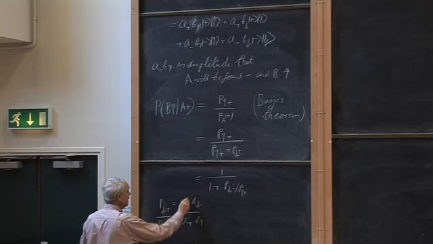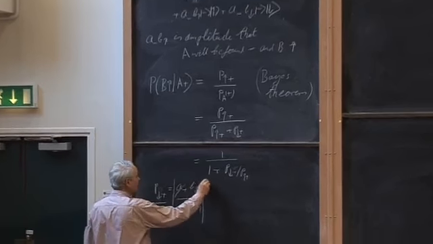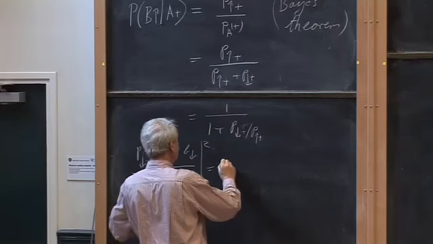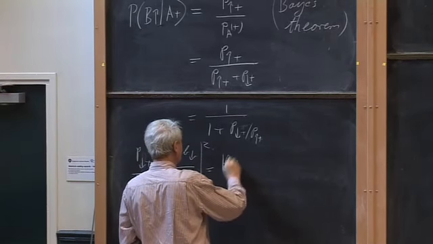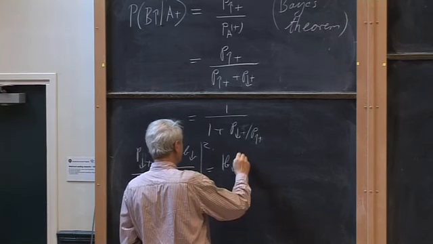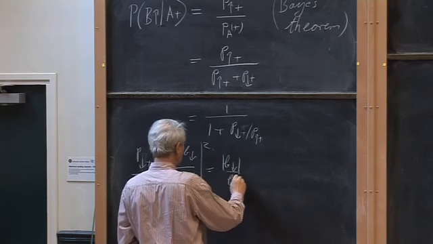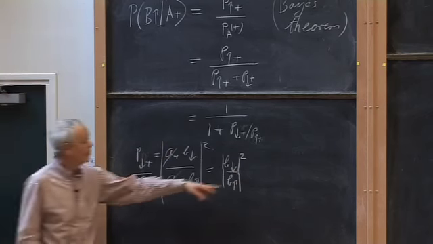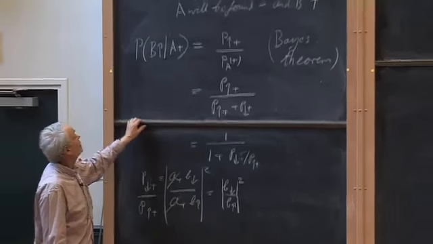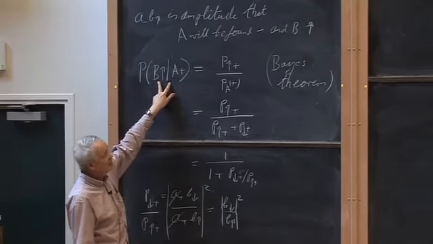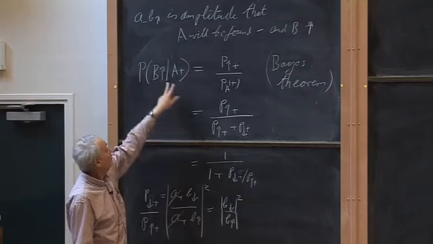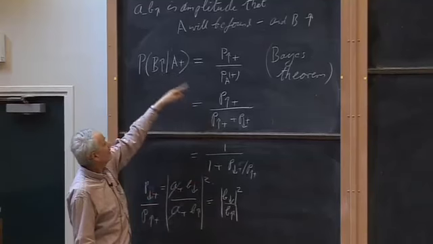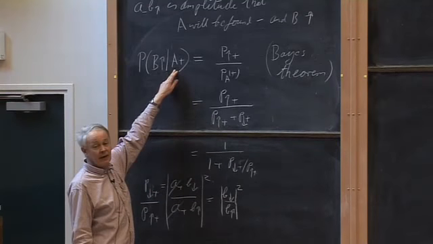So these A pluses cancel. Oh, and we need to take the mod square of this whole thing, of course, right? But the crucial thing is those things cancel, so this is in fact equal to B down plus, this is equal to B, this ratio. So what's the point? The point is that this probability is actually, we've just shown, independent of A plus and A minus. So this probability does not depend on the state of A.